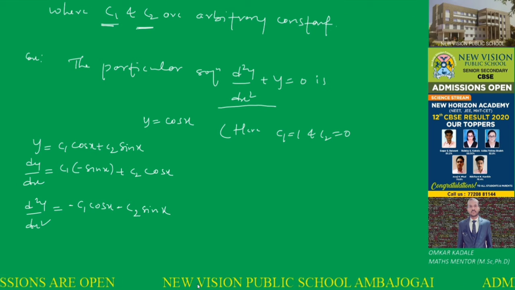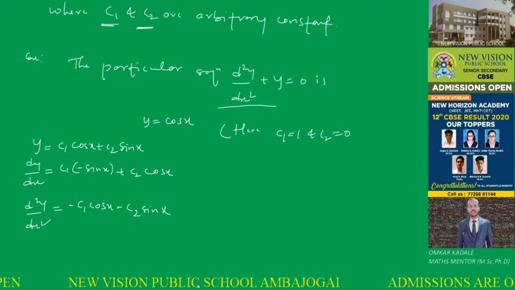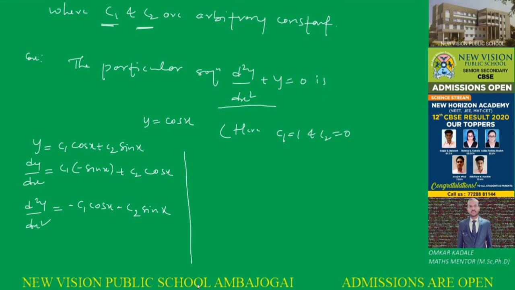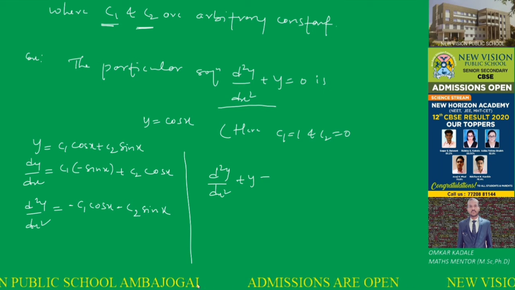Now substitute in that equation, let's see what we get. d2y upon dx square plus y equals to 0.